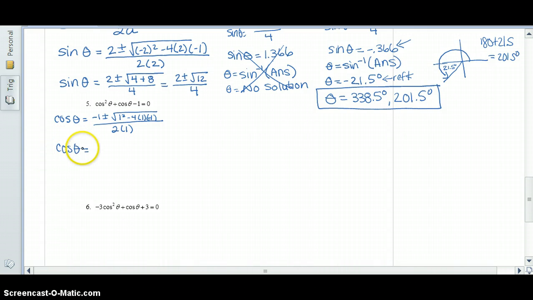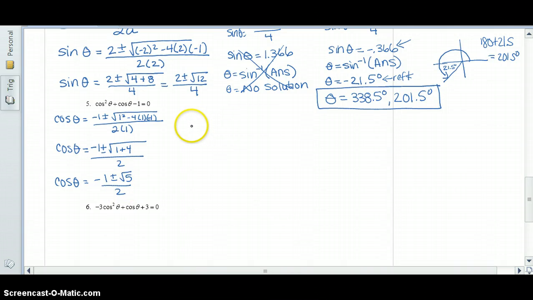So the cosine of theta is equal to -1 plus or minus the square root of 1 plus 4 all over 2. So the cosine of theta is equal to -1 plus or minus the square root of 5 divided by 2.